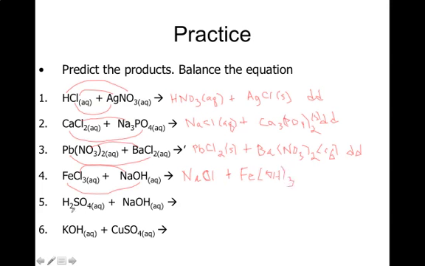Okay, and we have sulfuric acid and sodium hydroxide, so this is going to be an acid-base neutralization reaction.